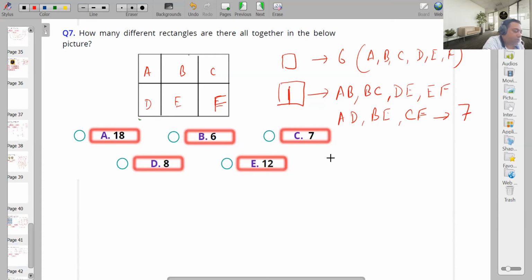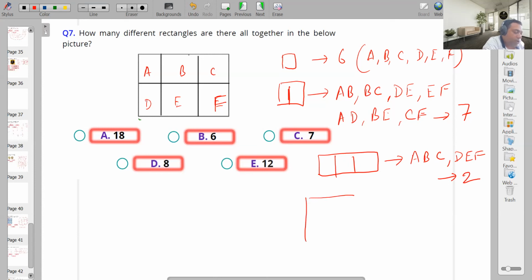Now let's look at 3 in a row. All right. So 3 in a row, you can notice you'll get ABC and you'll get DEF. So that's another 2. All right. And then if you do a 4-1, so you get ABDE. Sorry.